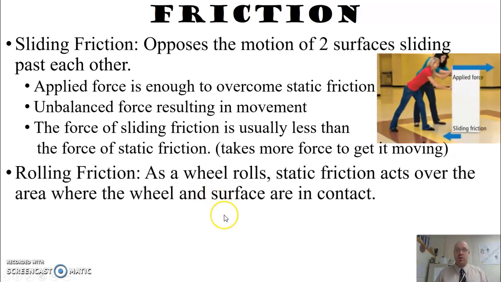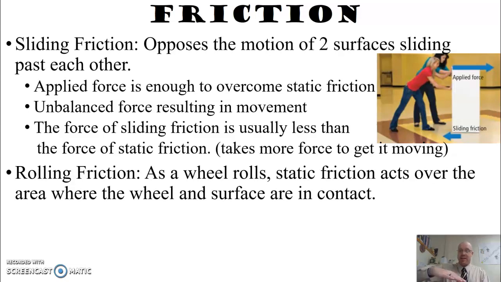The last type of friction we'll talk about is rolling friction. Rolling friction is really kind of cool because it's static friction acting over a wheel. As the wheel rolls, where the wheel is in contact with the surface, static friction happens right there and prevents that wheel from sliding on the surface it makes contact with.